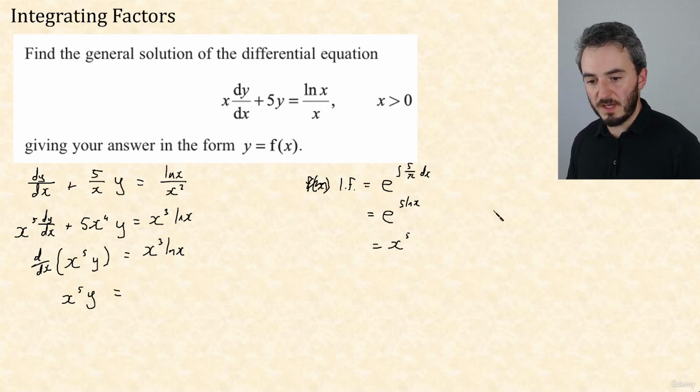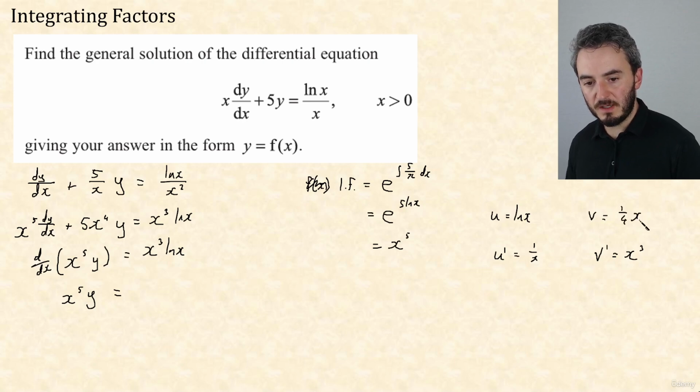So integrating that, we typically have our u is the ln part. So u dash is 1 over x, and our v dash for our integration by parts is going to be x cubed, meaning that v is a quarter x to the 4. So the integral of that is uv, so that's a quarter x to the 4 ln x, minus the integral of v u dash.